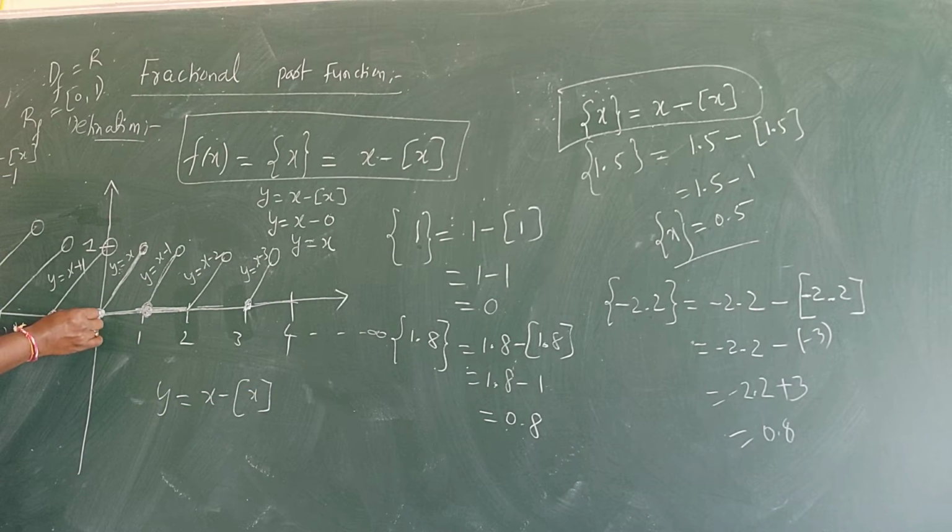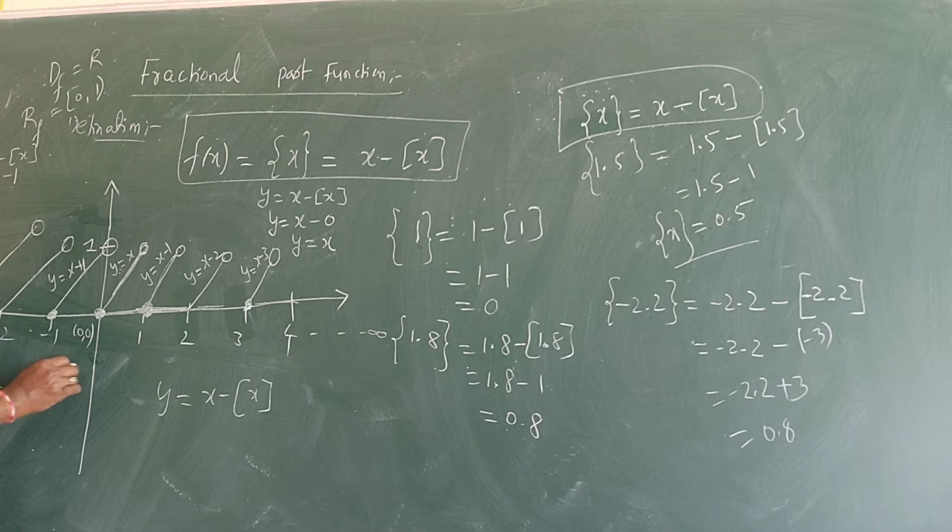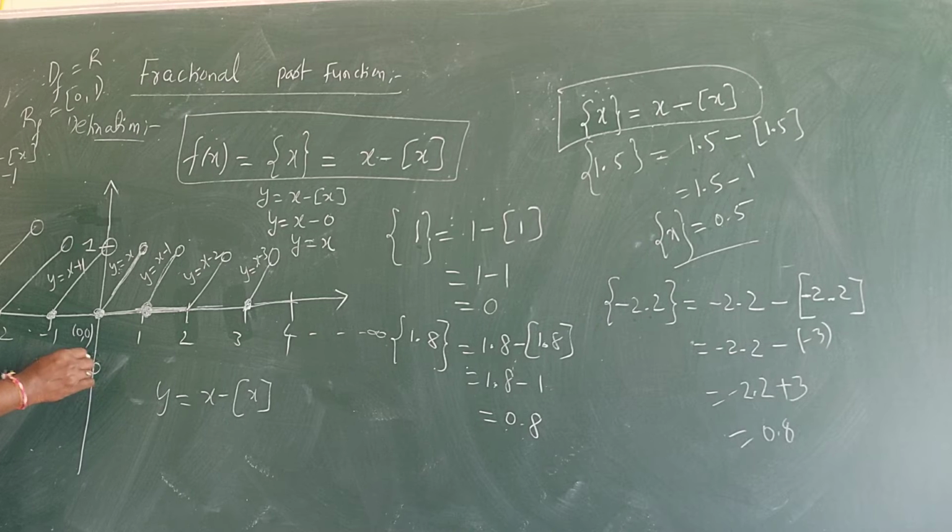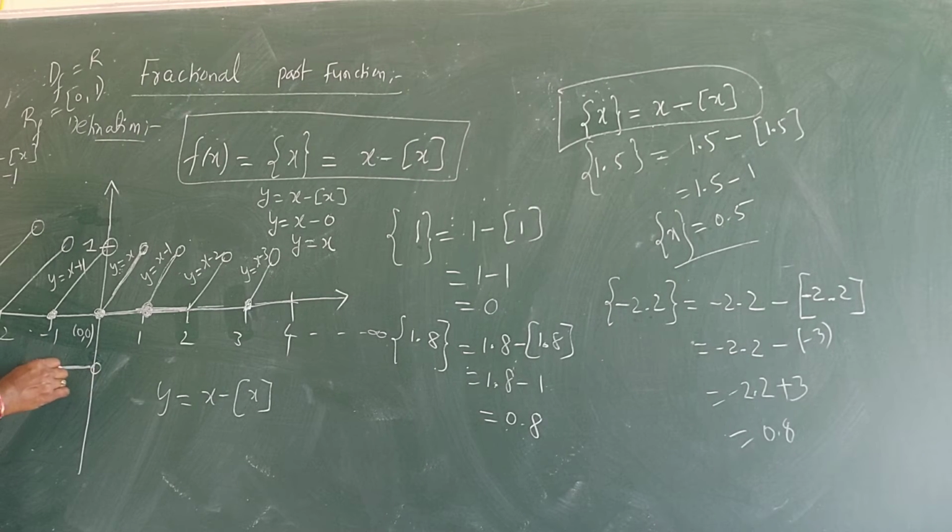So let us take minus 1 to 0, sorry, 0 to minus 1. The greatest integer from minus 1 to 0 is minus 1. Now the greatest integer function, you remember, here to here you get, this end is hollow. So here to here the greatest integer is minus 1.